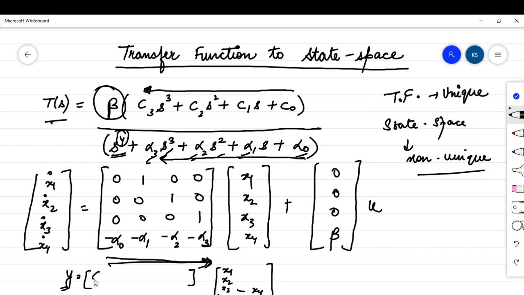So we have to write it as C0, C1, C2, C3. What we have done is, the constants associated with s in the numerator we have written in the reverse direction without changing their sign. So the sign is kept the same: C0, C1, C2, C3. This is x1, x2, x3, x4 plus there is no d term here, so it is 0.